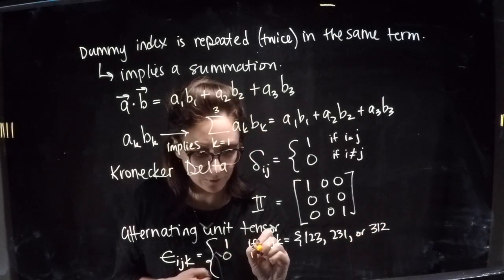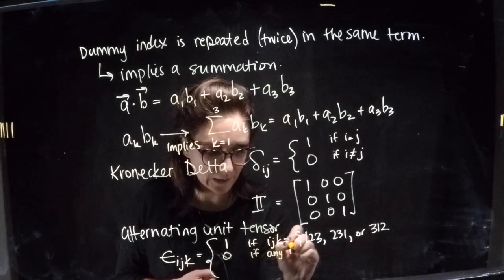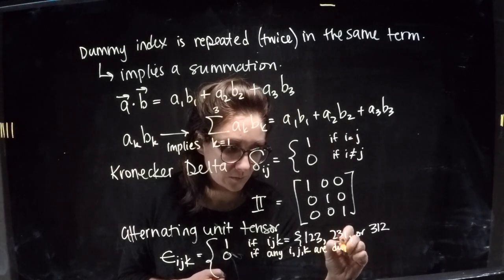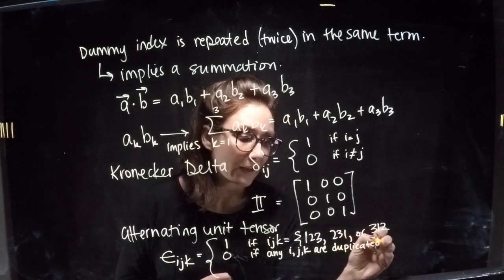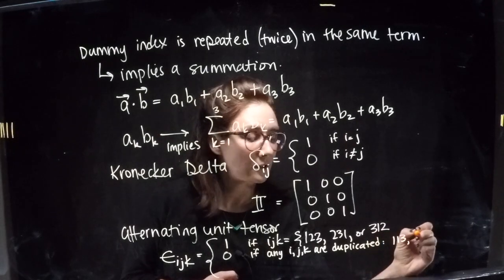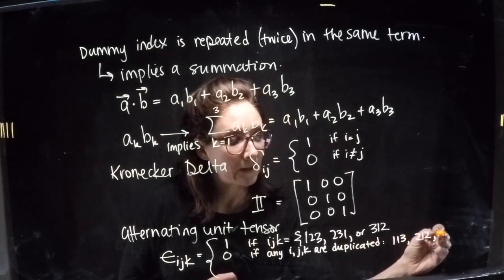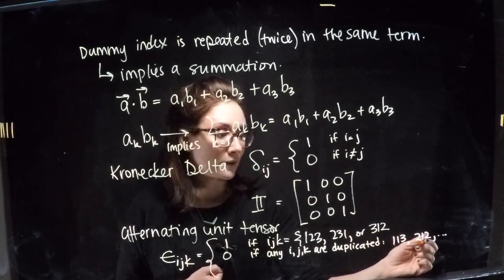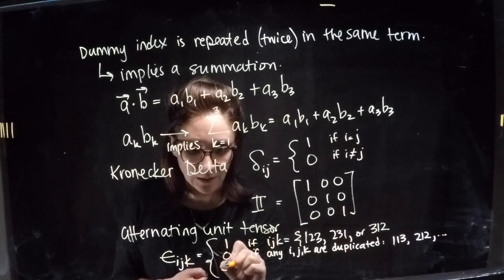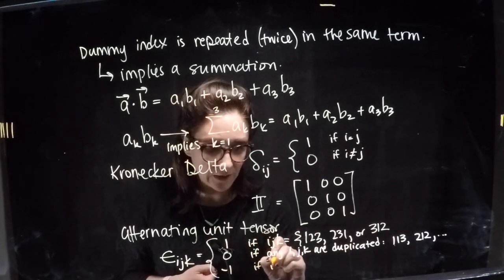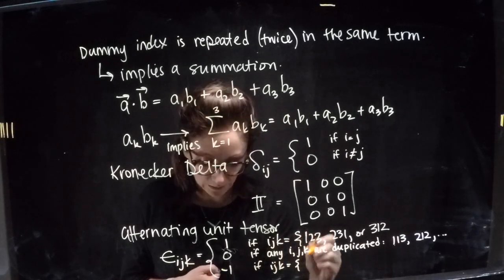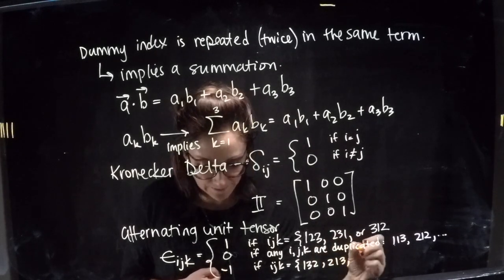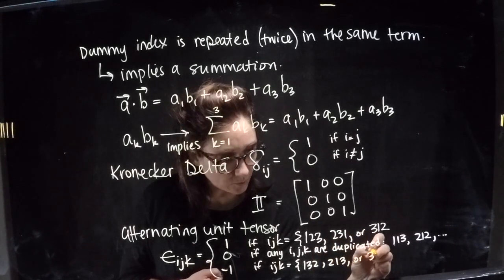It's 0 if any of i, j, or k are duplicated. And so by that I mean 1, 1, 3, 2, 1, 2, anything like that. So we have 2 indices that are 1, 2 that are 2, so that means it would be 0. And then this is -1 if i, j, and k are any of the following combinations: 1, 3, 2, 2, 1, 3, or 3, 2, 1.